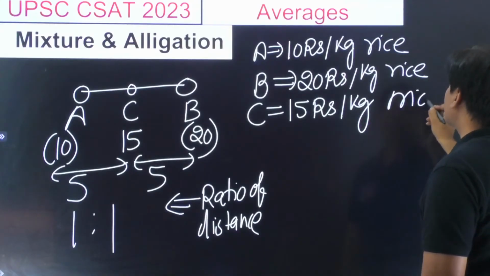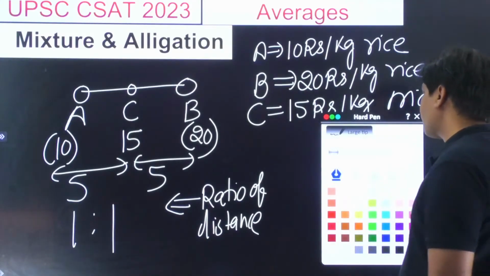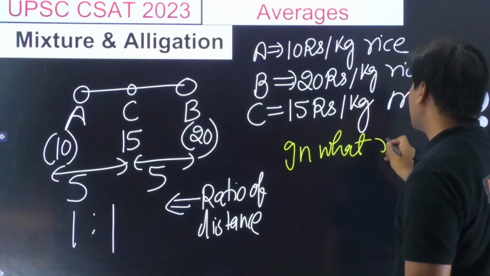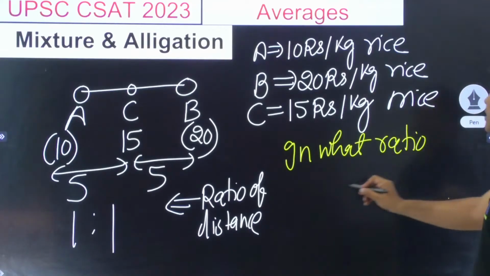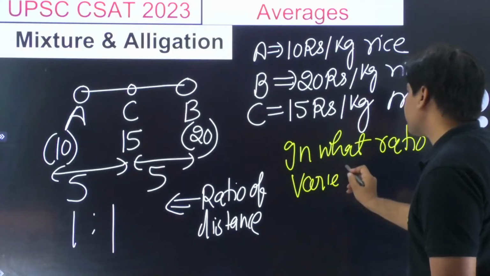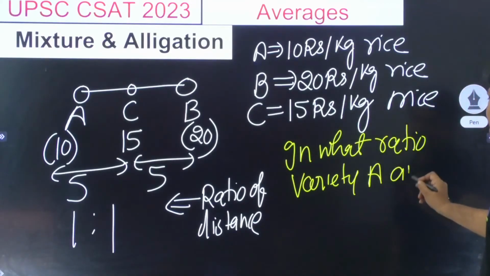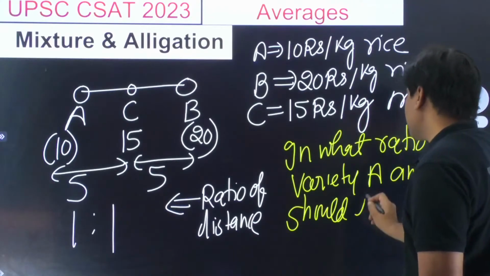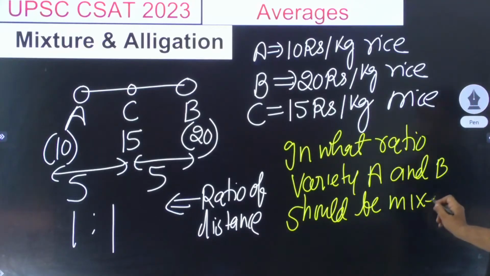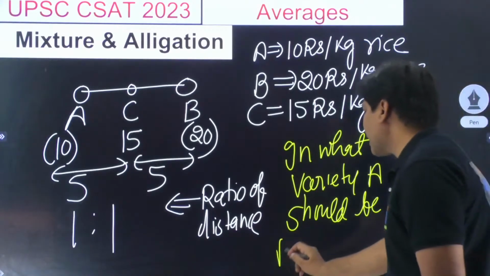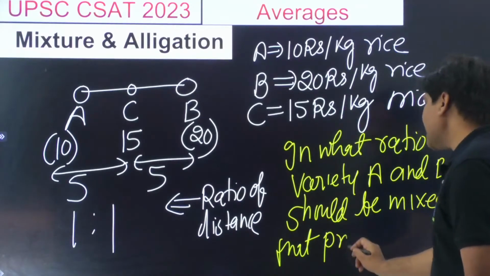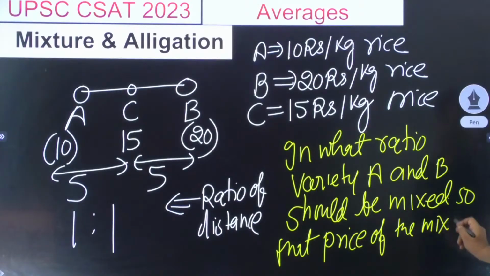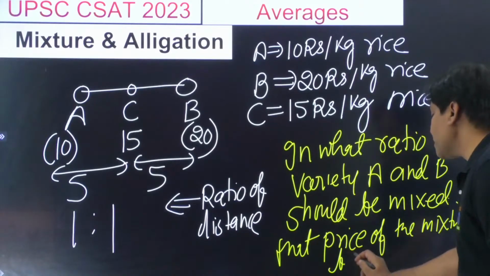My question to you is, in what ratio variety A and B should be mixed, so that the price of the mixture becomes 15 rupees per kilogram.